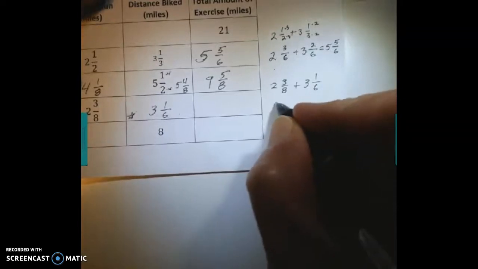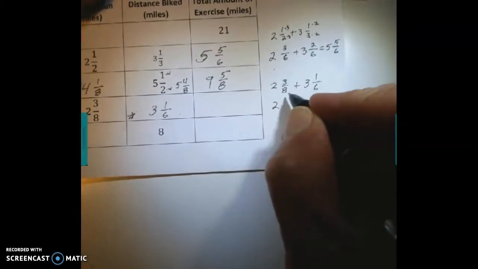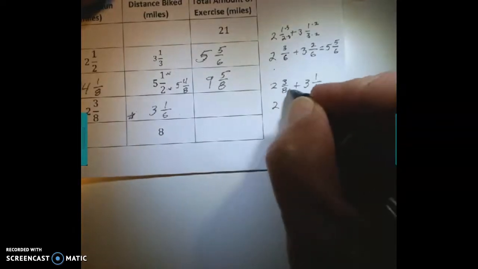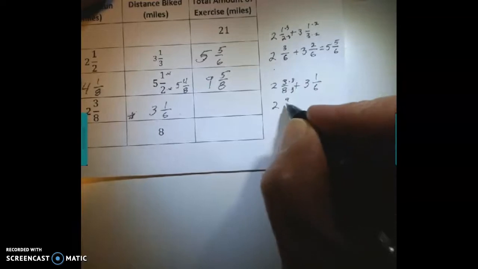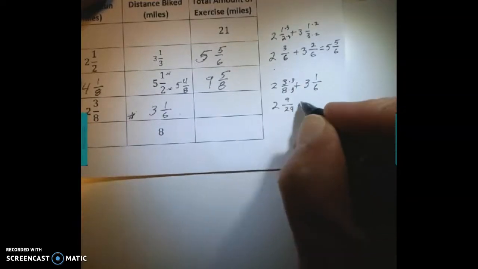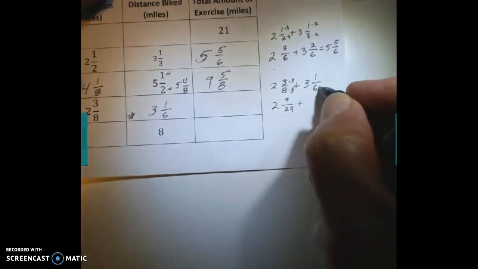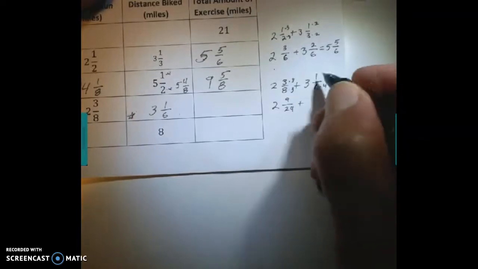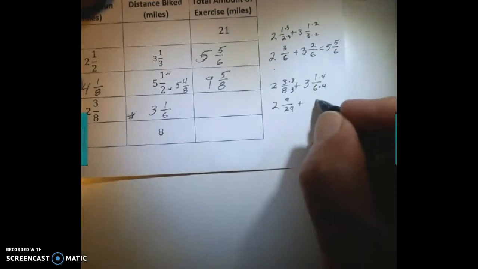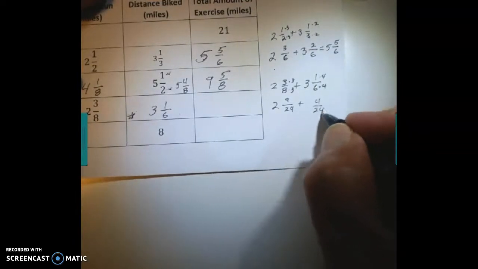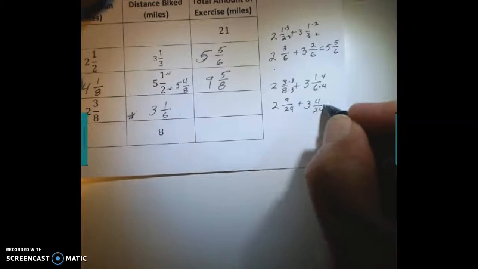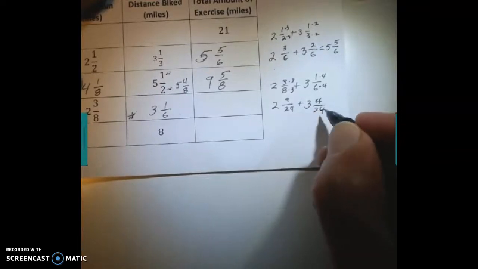I'm not going to mess with the whole number parts. 24, to make this 24, I'd multiply by 3, multiply the top by 3. This is 9/24 plus, this would be times 4. 6 times 4 would give me 24. Do the same to the top. This becomes 4/24, 3 4/24.